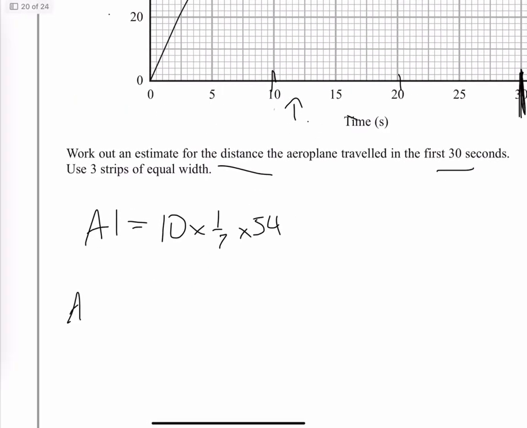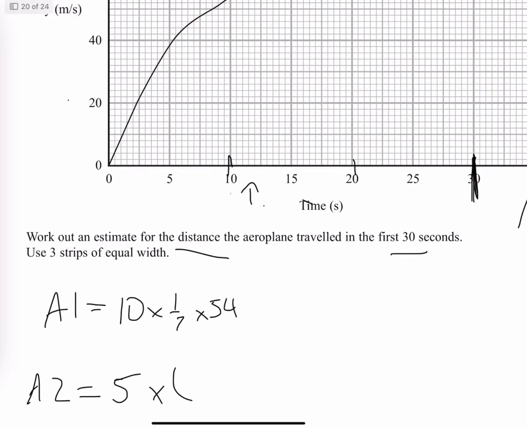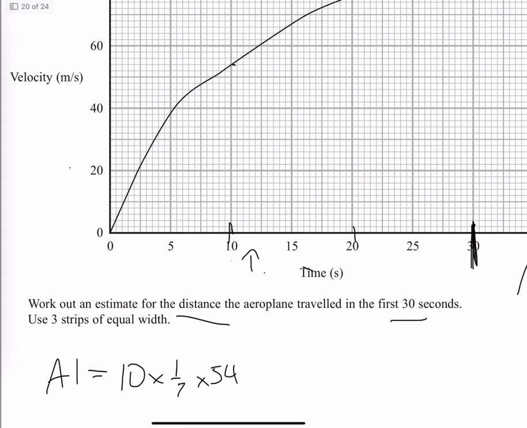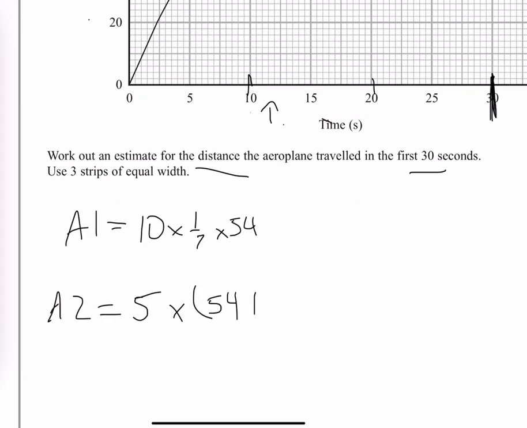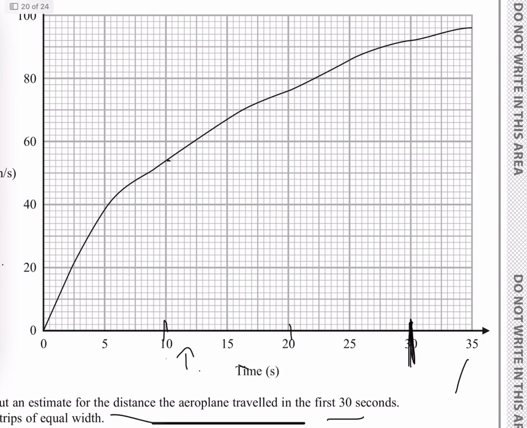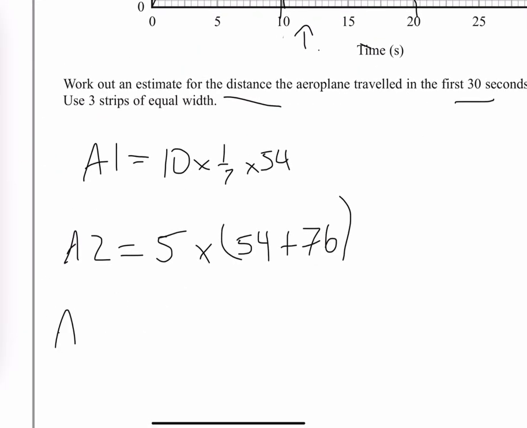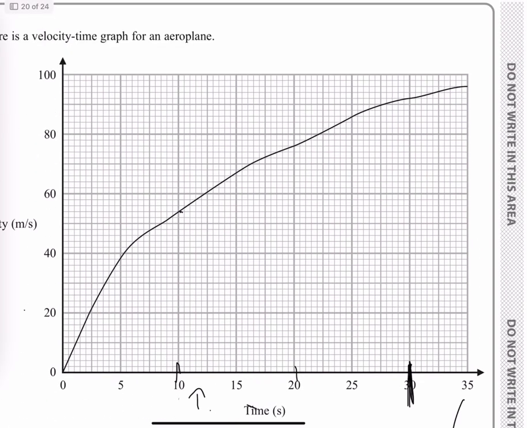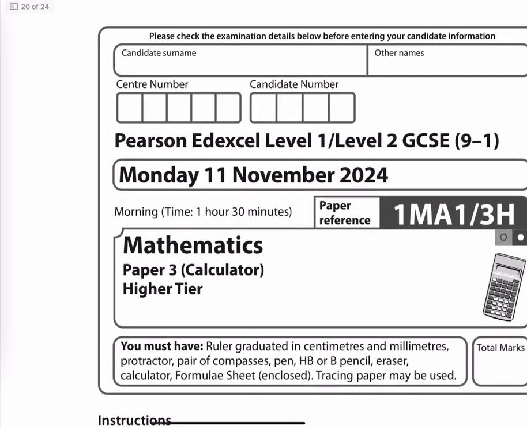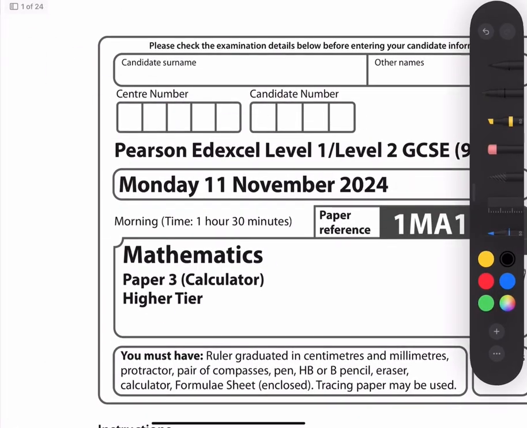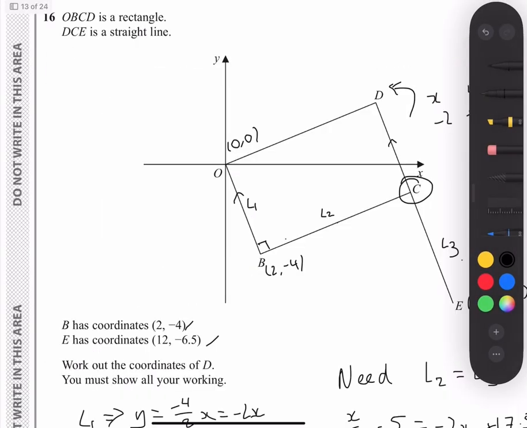And A2 is again going to be 10 times a half, so that's 5 times whatever these two things added together are, 54 plus 76. And then A3 is 5 times 76 plus, right up here, 92.